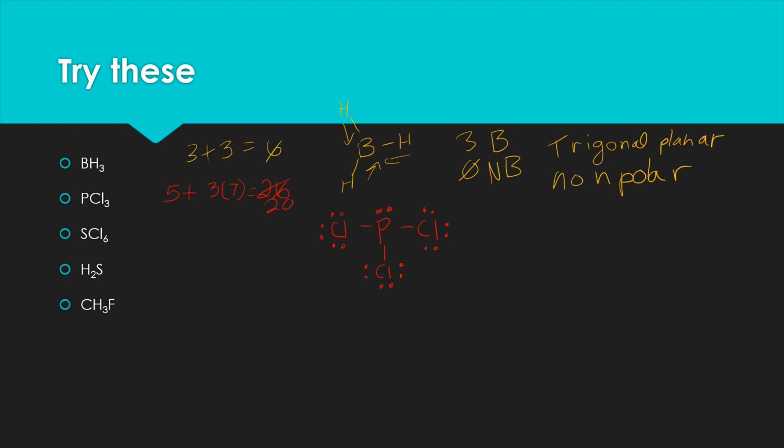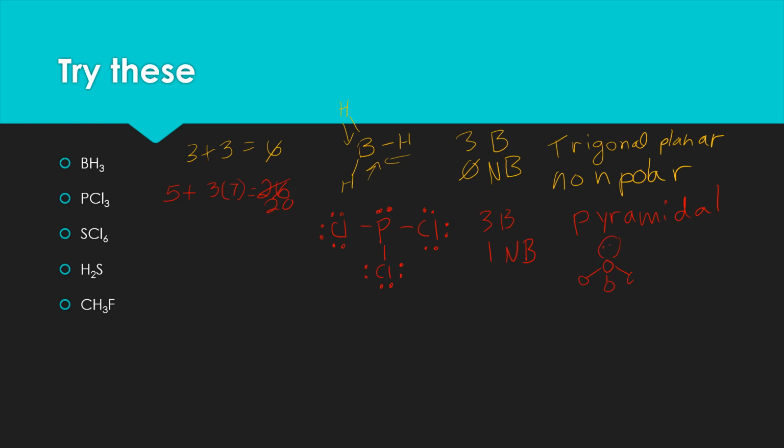So we have 3 bonding and 1 non-bonding domain. That gives us 4 total. So that's coming from that tetrahedral shape, but we're replacing a bond with a lone pair, so that makes it pyramidal. All right, so we can imagine having that central atom with the 3 little bonds, making that little pyramid shape, and that lone pair on top.